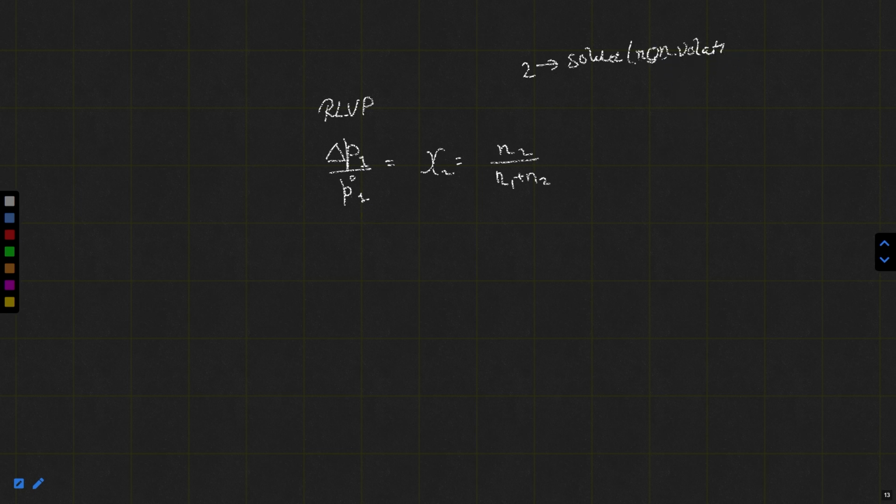And the first is the solvent, and it is volatile in nature.